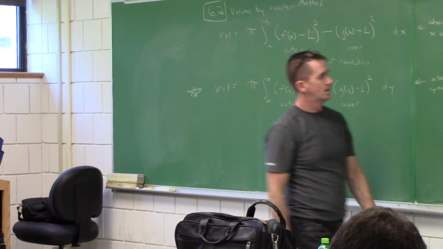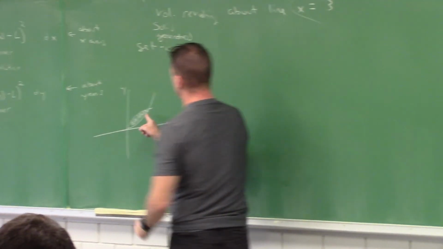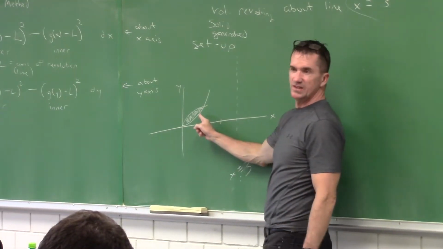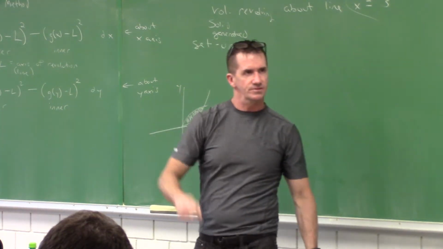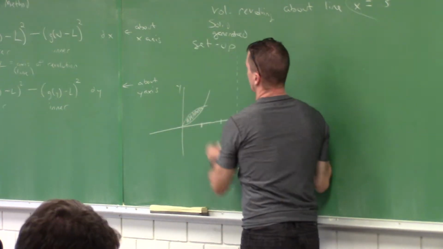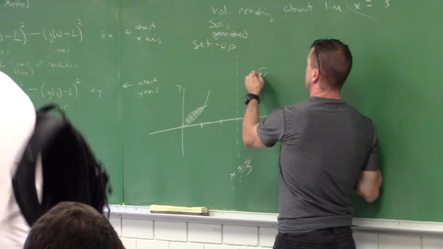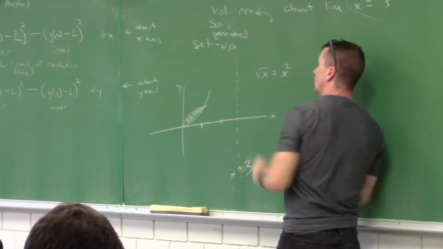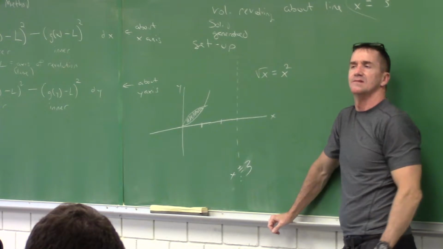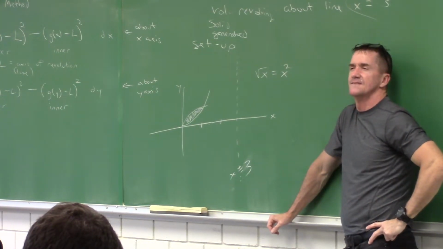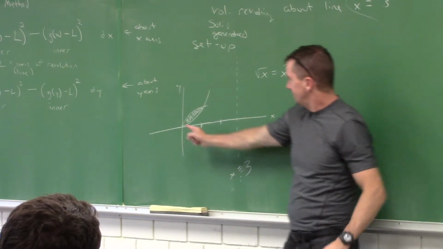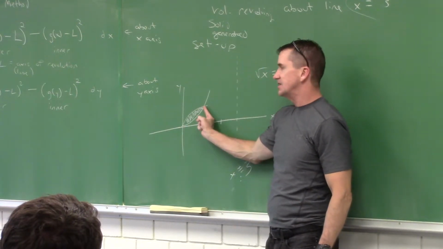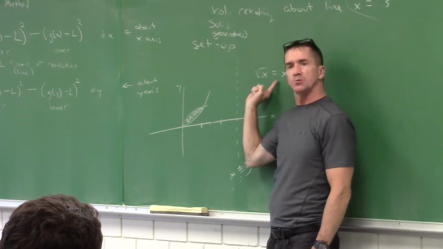All right. Well, to start out with, we need the limits of integration. We're going to find out where these two curves intersect each other. Now, some of you might know just staring at it. What does square root of x equal x squared? 0 and 1. That's where they intersect. Does everyone agree? We can see at the origin that square root of 1 is equal to 1 squared.